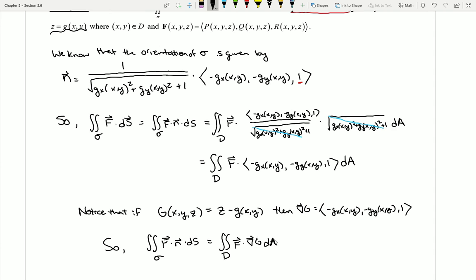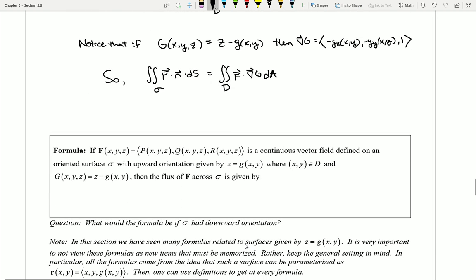So notice what we're establishing here in example 3, and this is very crucial. It's so important to save you time and frustration: if I'm starting with a function, instead of going to a parameterization, I can just define this G function, take its gradient, and do F dot the gradient of G, and end up with exactly what I'm shooting for. In fact, we summarize this in the formula below.